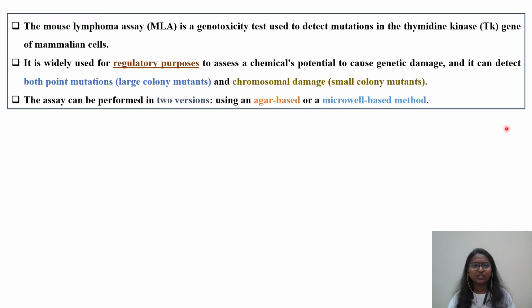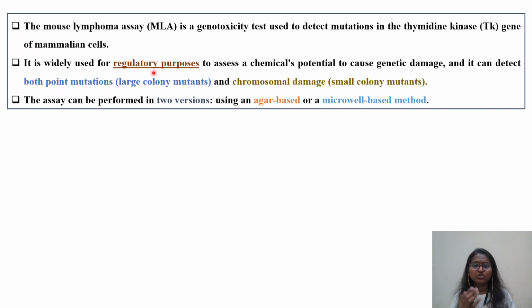So, what are the additional things in that section? We will see the mouse lymphoma assay is a genotoxic test used to detect mutations in the thymidine kinase TK gene of mammalian cells, not prokaryotic, eukaryotic. It is widely used for regulatory purposes, so it is a requirement apart from the Ames assay and chromosome aberration assay.